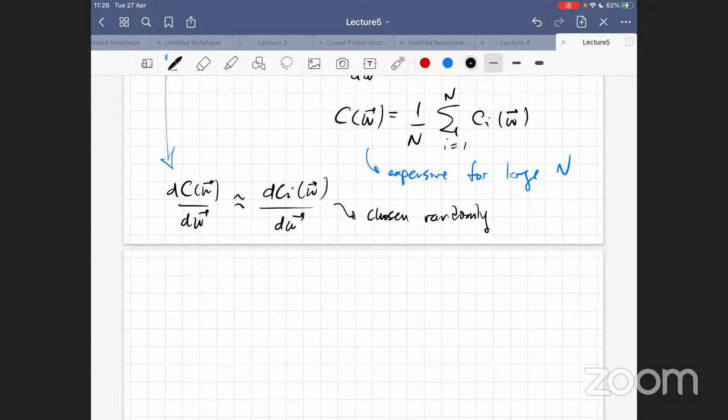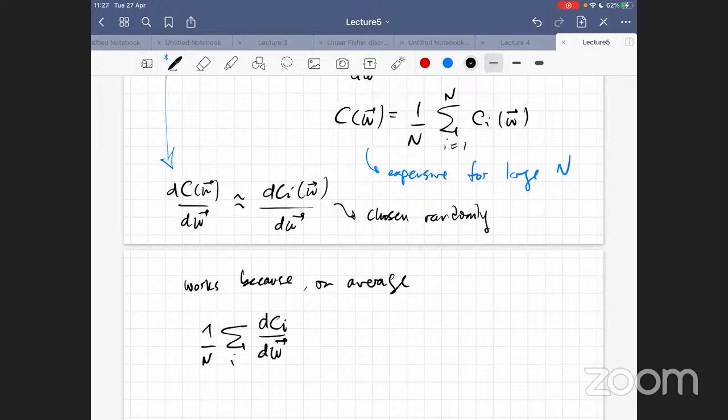The algorithm works because, on average, imagine I take the average of this quantity. If I take the average of this quantity, it means that I am summing over this quantity, which is exactly the derivative of the total function, right?